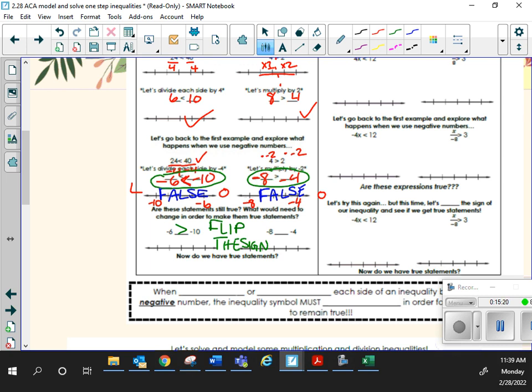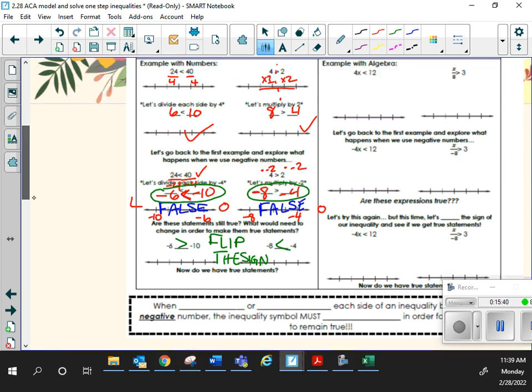On -8 and -4, it was greater than, make it less than. Okay? And then they are true. That's the only difference. All the rest of it is smooth sailing, but whenever you multiply or divide by negative, an alarm should be going off in your head, saying, alert, this does not work. Okay? So you flip the inequality sign.